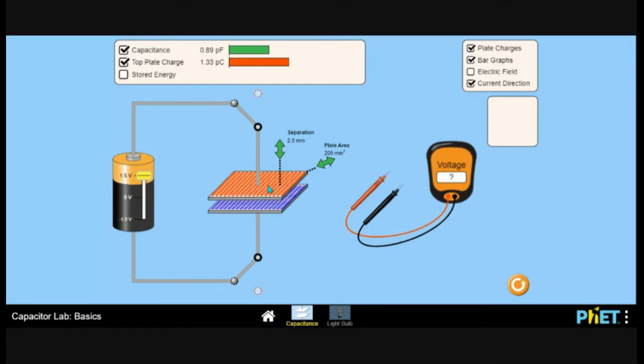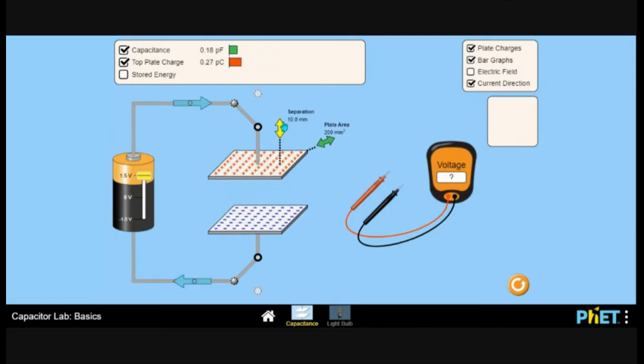So if we decrease the distance between two conducting plates, the capacitance will increase. But if we increase the distance between two conducting plates, the capacitance decreases.